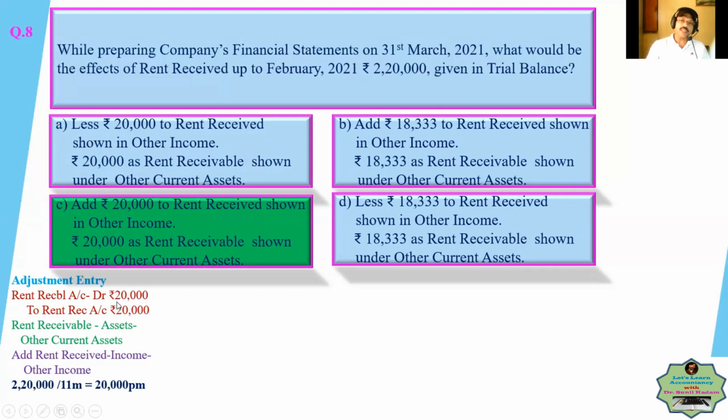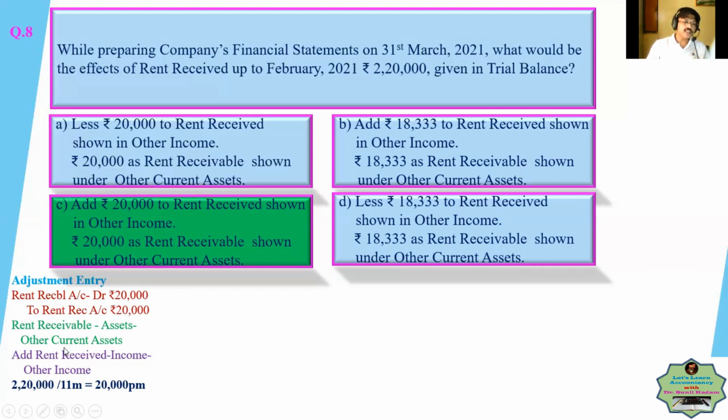20,000. How did we get that 20,000? It's similar to the last MCQ we did. The rent is received for 11 months. The amount received is 2,20,000. When we divide that by 11 months, 20,000 per month is what is received, and 1 month is yet to be received. Therefore, 20,000 is taken into consideration.